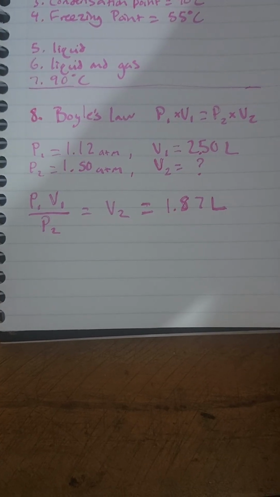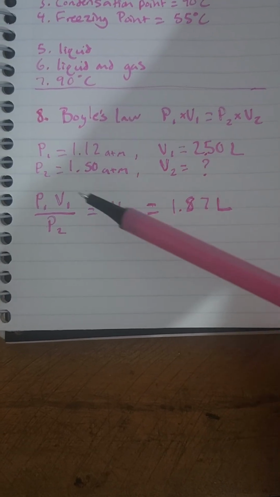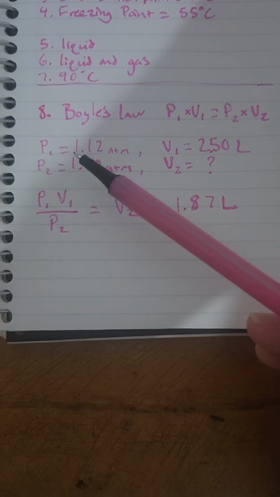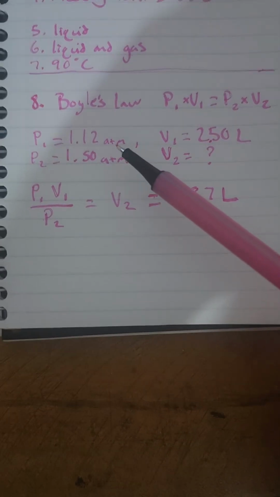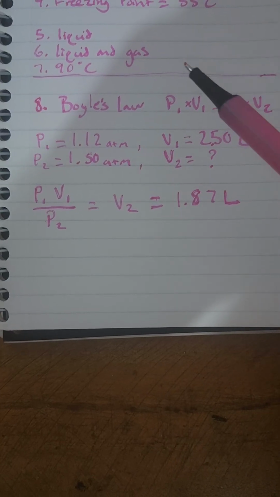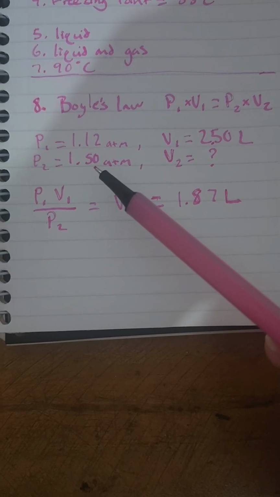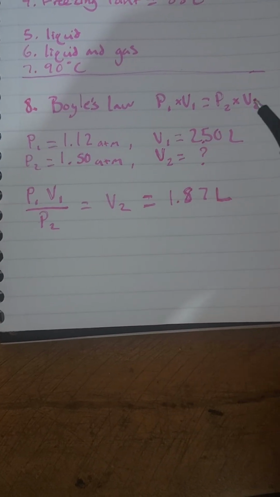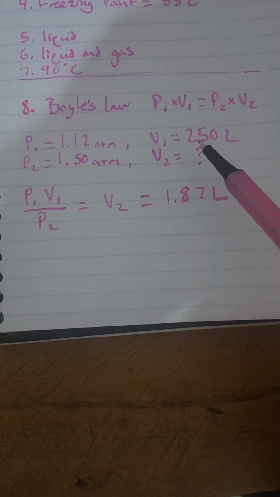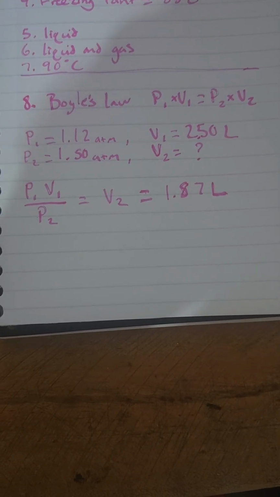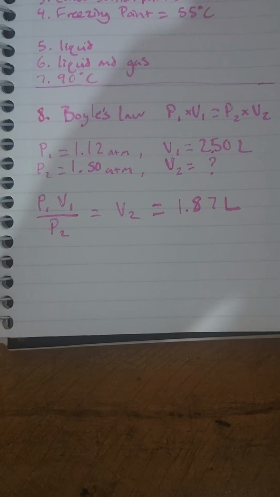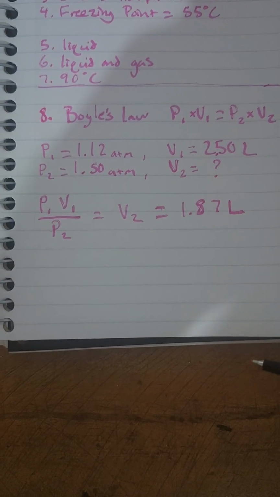So in our question, we have most of the variables. We know that P1 is 1.12 atmosphere, and P2 is 1.5, so we've increased it. And we also know that V1 is 2.50 liters, so we're trying to find out what V2 is.